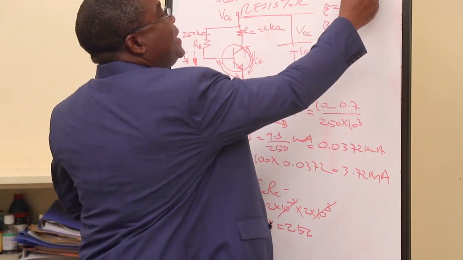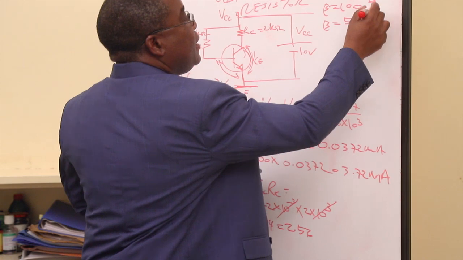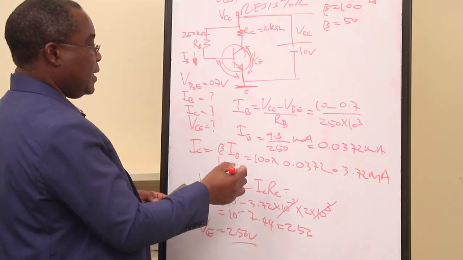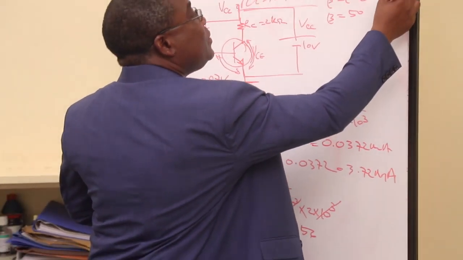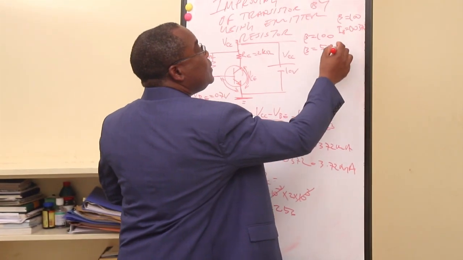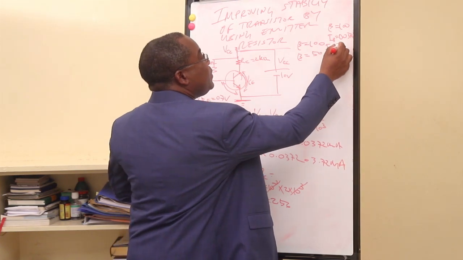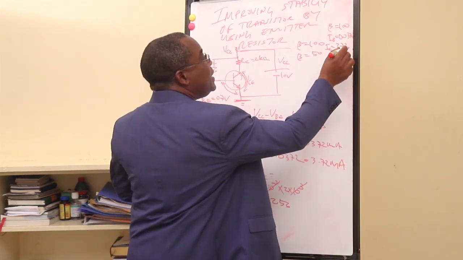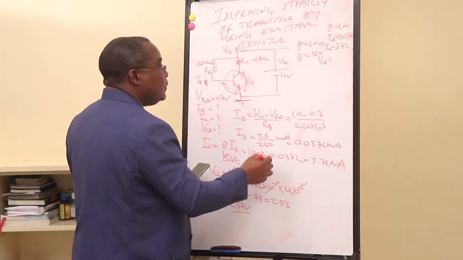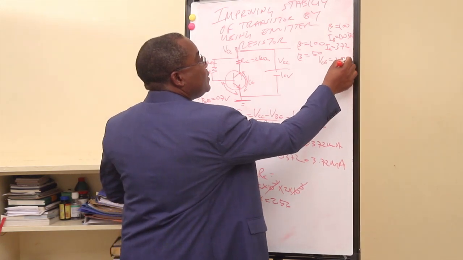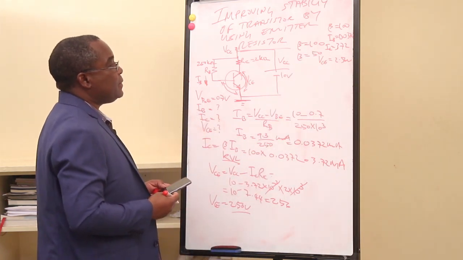So for the scenario at beta 100, IB is 0.0372, IC is 3.72, these are milliamps, and our VCE is equal to 2.56 volts. We'll use this data again.